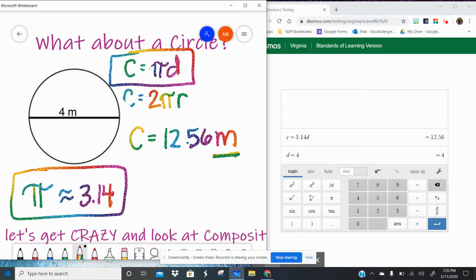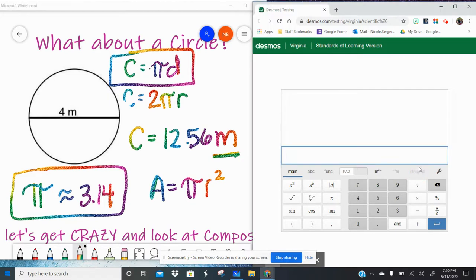If I wanted to find the area of that circle, the formula for area is pi times radius squared. So I come back over to the Desmos and I clear it out. And now I type in the formula for area. Area equals 3.14 times the radius squared. Now remember, in this circle, I only know the diameter.